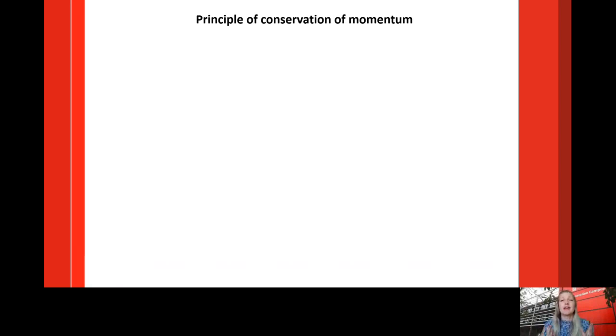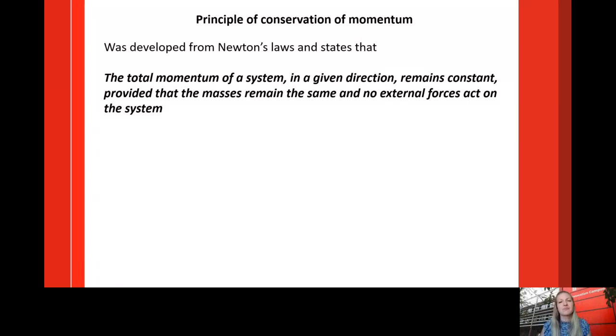Now, when we're looking at the principle for conservation of momentum, as with most things in mechanical principles, it was actually developed from one of Newton's laws. He stated basically that the total momentum of a system in a given direction remains constant, providing that the masses remain the same and they are in the same direction with no external forces on them, such as friction or wind.